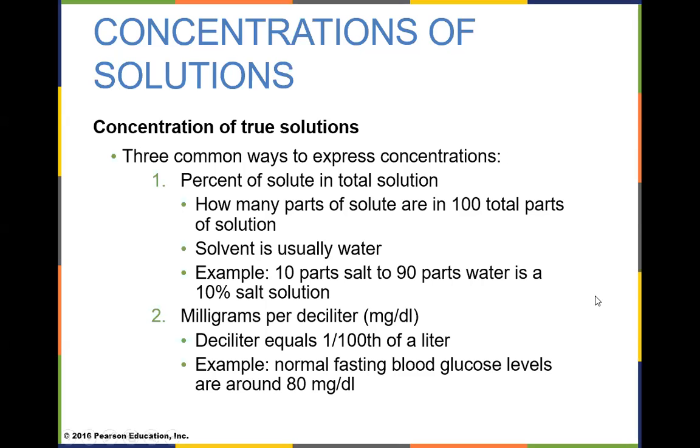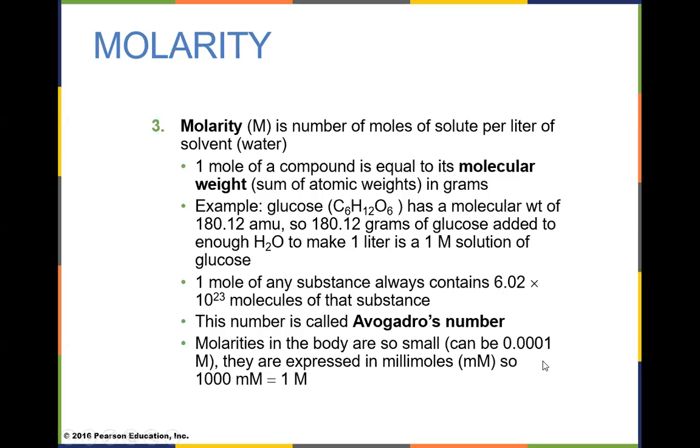Okay, now the third category of solutions is called molarity. Molarity is used a lot in chemistry. A mole is, if you take the molecular weight of a compound, so you add up the atomic weight of all the atoms in a compound.